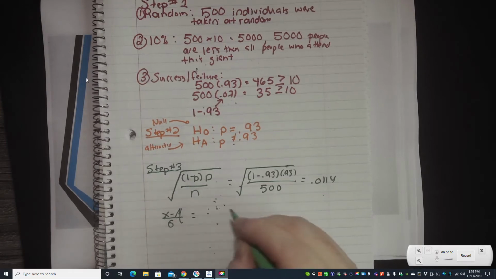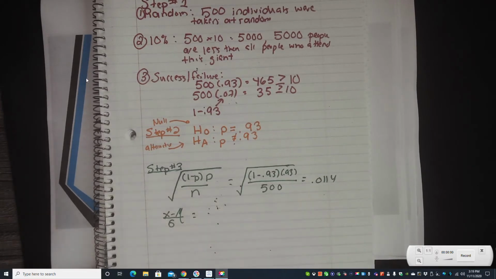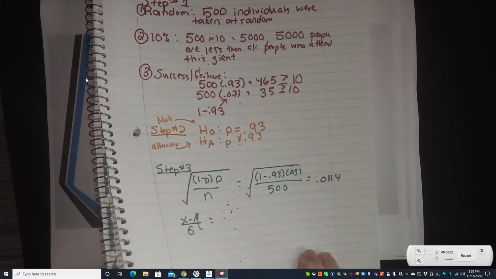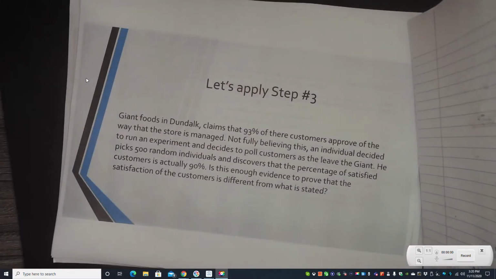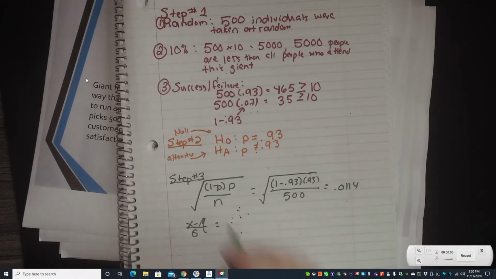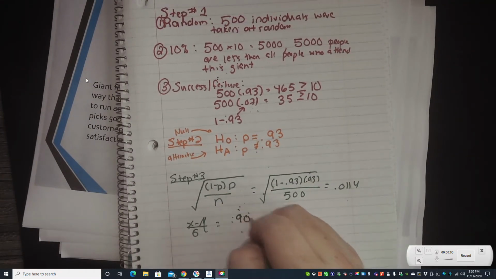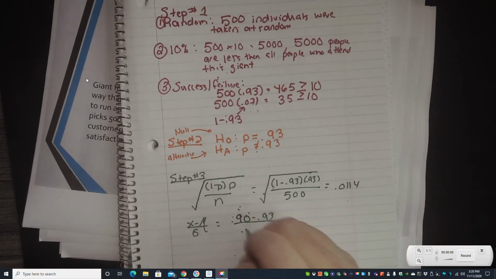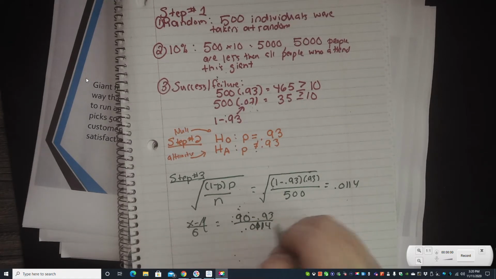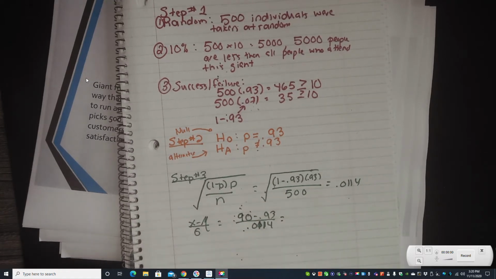The x is actually the other, the sample proportion. So if we go back here, we haven't used 90 at all yet. This is the only place where it's going to come into play. So we're going to do 0.90 minus 0.93 divided by the standard deviation of 0.0114.